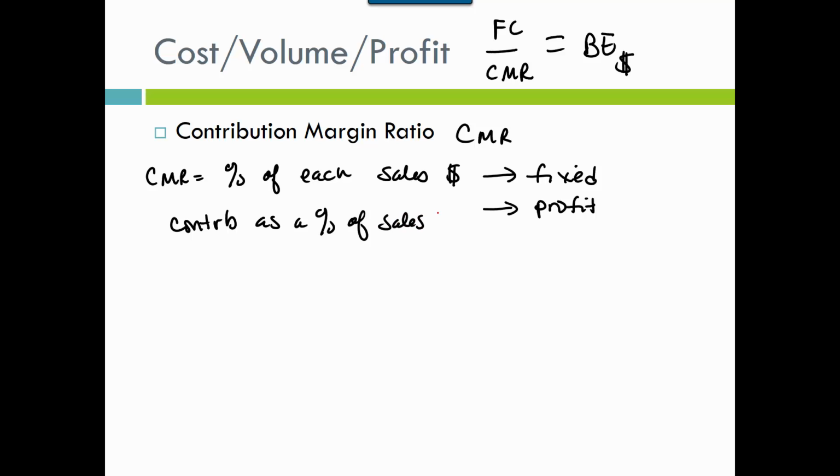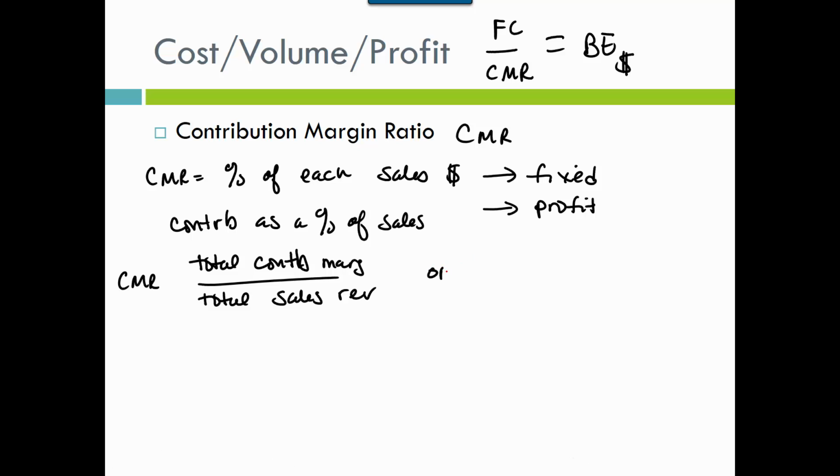So you can do it in total: CMR can be total contribution margin over total sales revenue. Or you can do it per unit: the unit contribution margin over the selling price per unit, and you'll get the same thing either way.